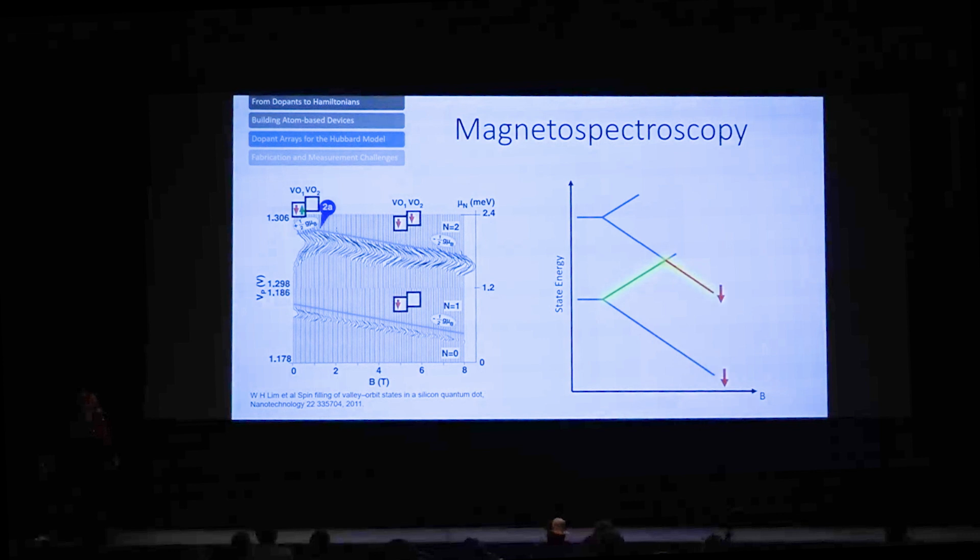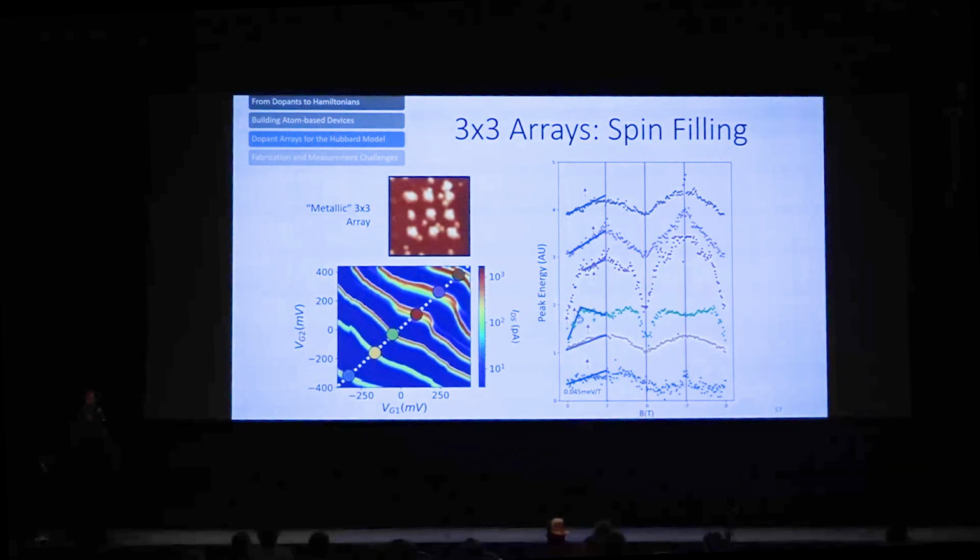We're able to do a similar kind of measurement on our system, where we see the same sort of thing happening. We can see whether we're filling in spin up or spin down. This is the metallic system where we would expect to see an antiferromagnetic behavior. We're not actually seeing that, so this is one of the things we're very curious about. We also see slopes that seem to be indicative of filling in more than one spin at a time.